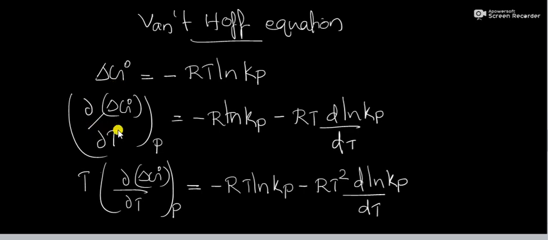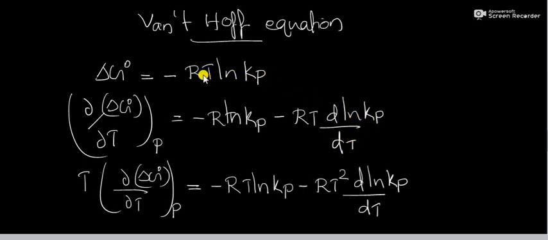On differentiating this equation with respect to temperature at constant pressure, what will be the equation? Dou by dou T of delta G0 at constant pressure equal to minus R into ln Kp minus RT into d by dt of ln Kp.